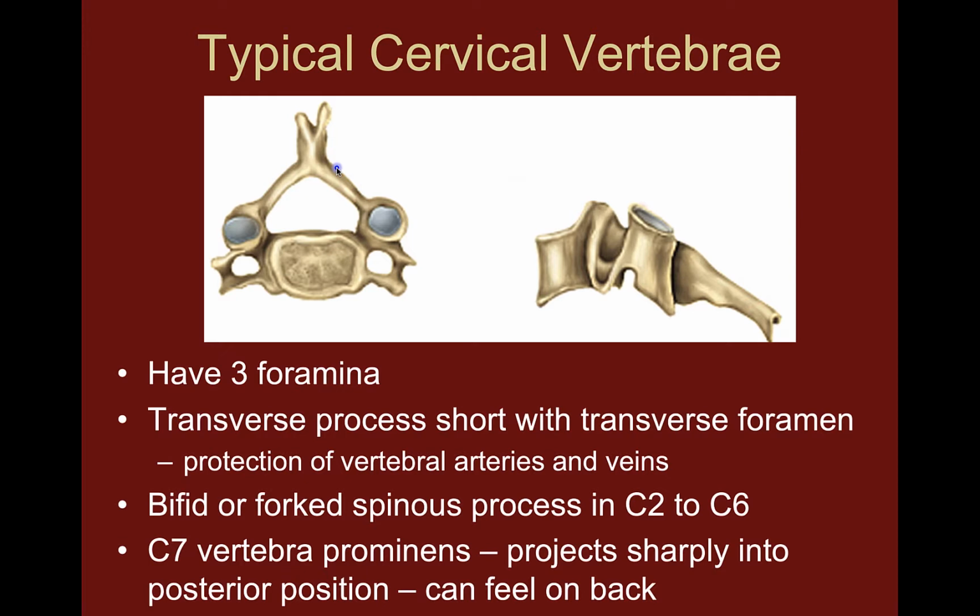And this is your C7, the vertebra prominens. So your body is full of these little indicators that physical therapists or physicians will use to try to identify where the pain is coming from or where they need to be listening in your body.